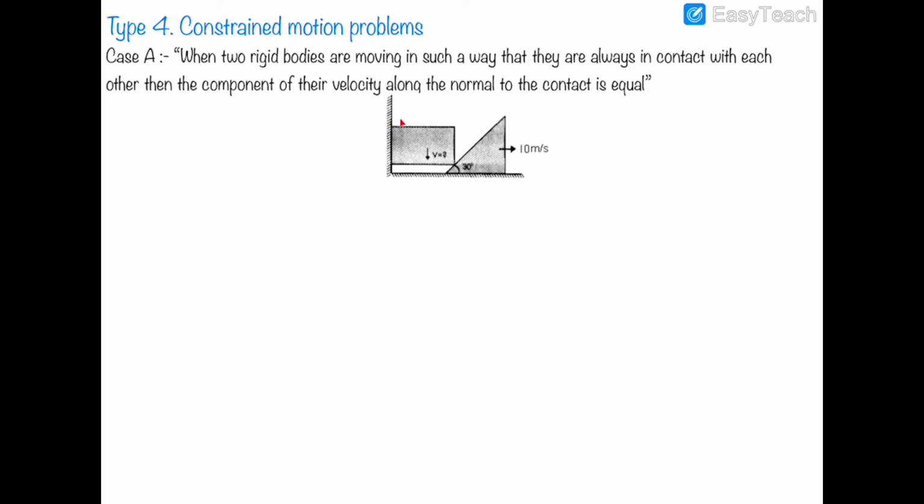So this block will remain in contact with the wall only if it moves along the y-axis downwards. Here is the conclusion: the velocity of this block is only in the y-axis downwards.